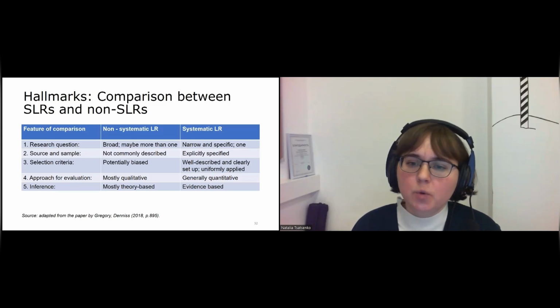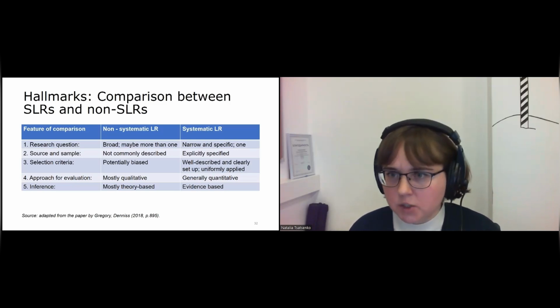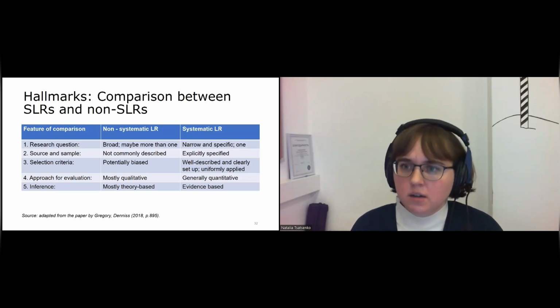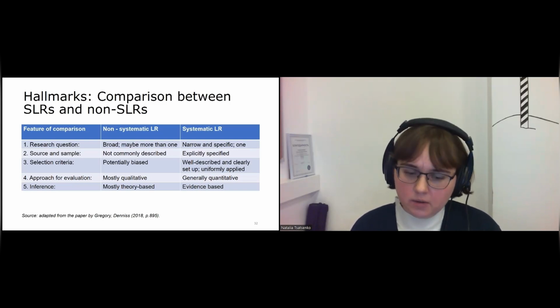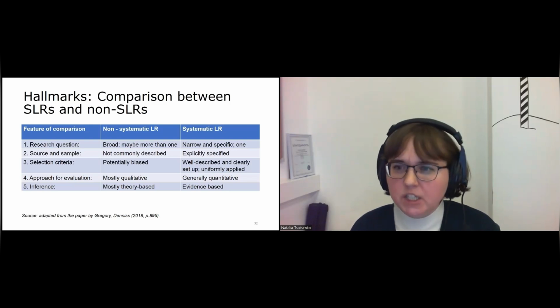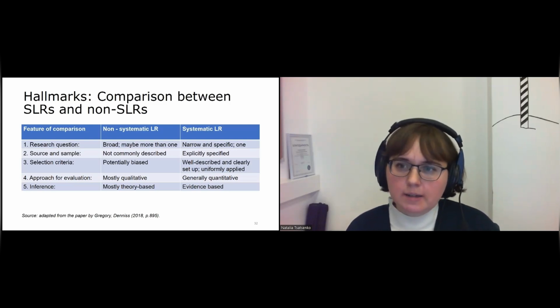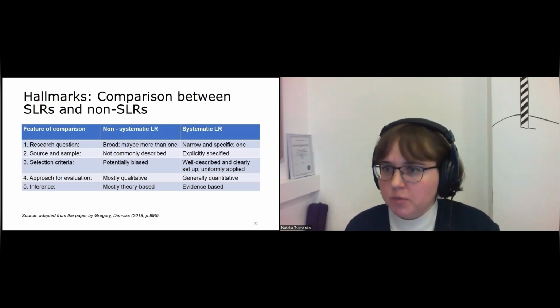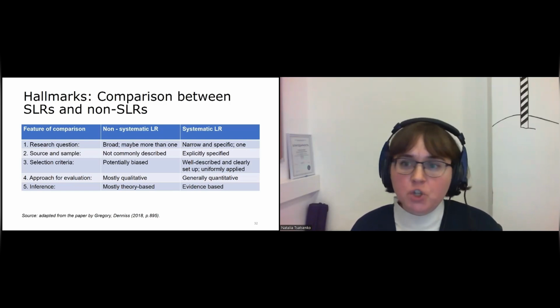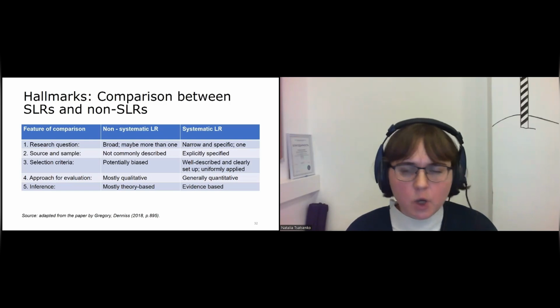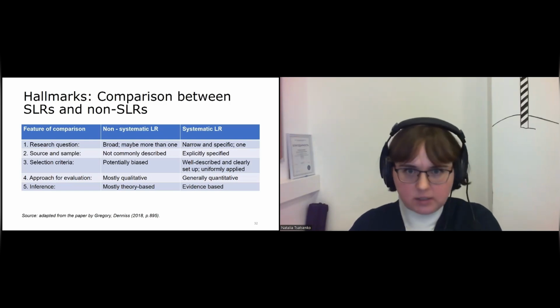Systematic literature review is mostly evidence-based. As I mentioned before, it originally arose from the natural sciences, where they have practical tasks and want evidence. These are the key features of comparison, and I hope this table gives you the answer.